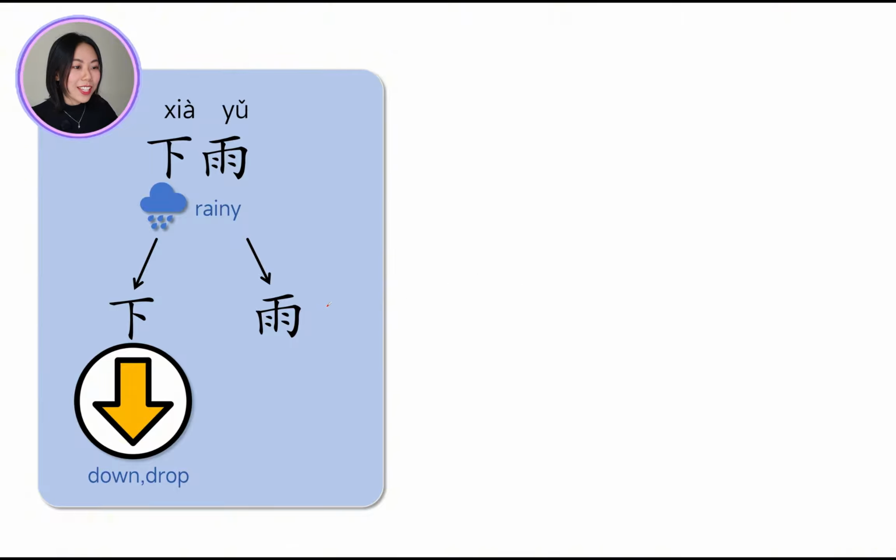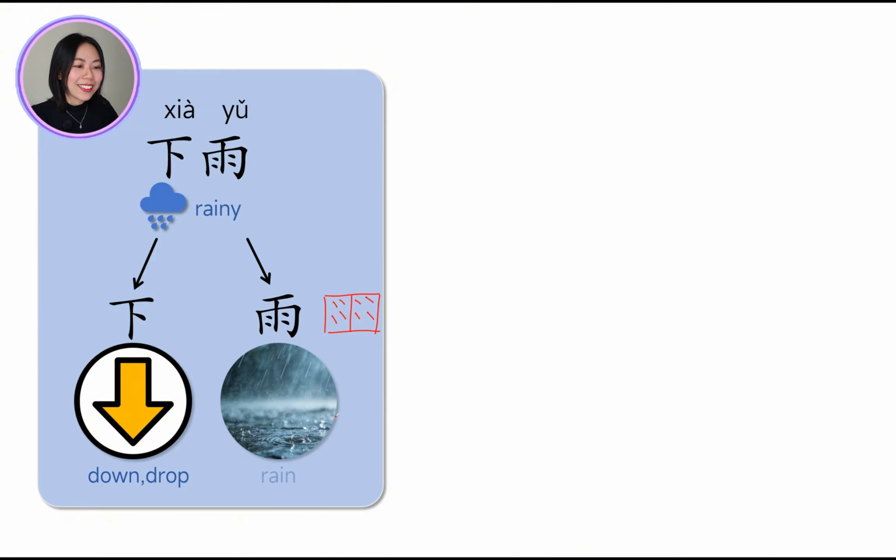You can picture it as a window. And now you're sitting in the house, you're looking outside, outside is raining, and you can see the raindrop through the window. Yeah, that's how you remember it easily. So 雨 means rain. 下雨 together, drop the rain. The rain's down, so it's rainy.